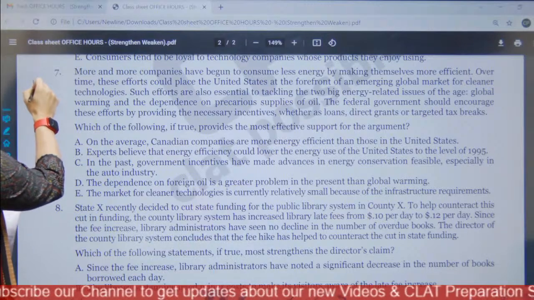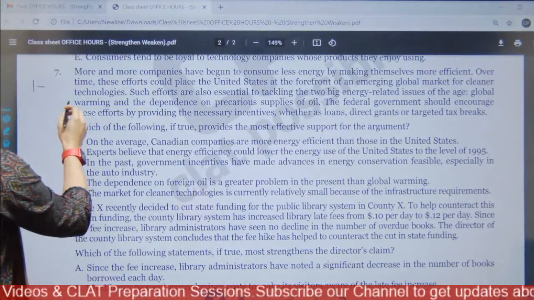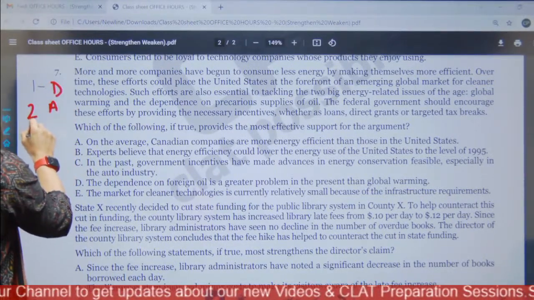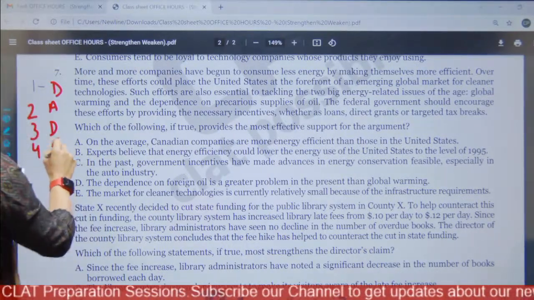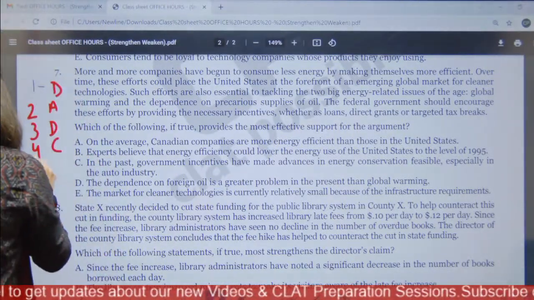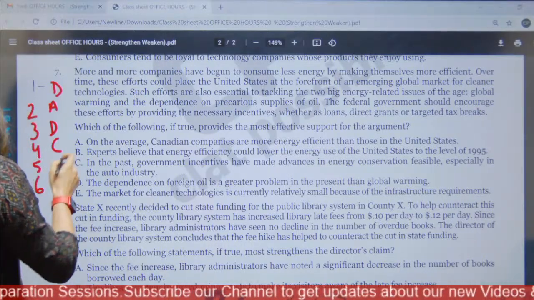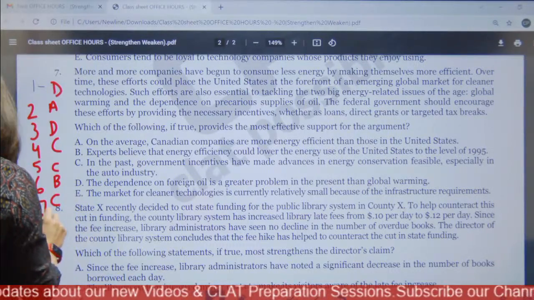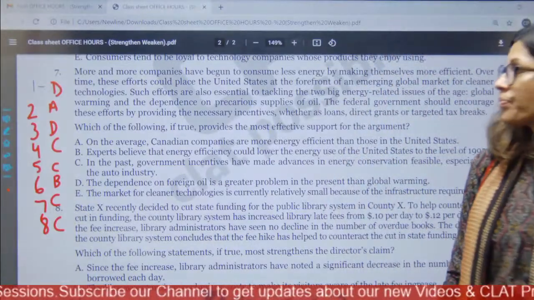So the answer for number 1 is D. Answer for 2 is A. 3 is D, 4 is C, 5 is C, 6 is B, 7 is C, and 8 is also C. So I hope you've got all the answers, everyone.